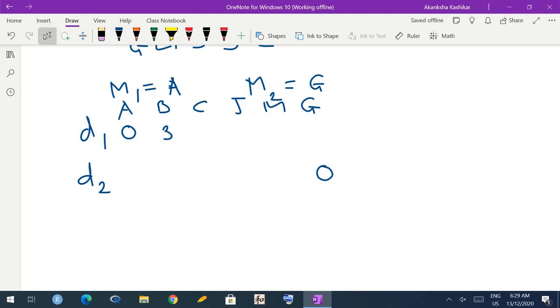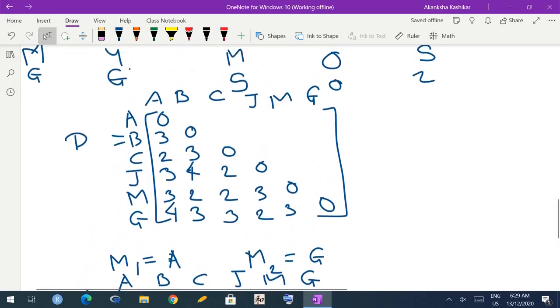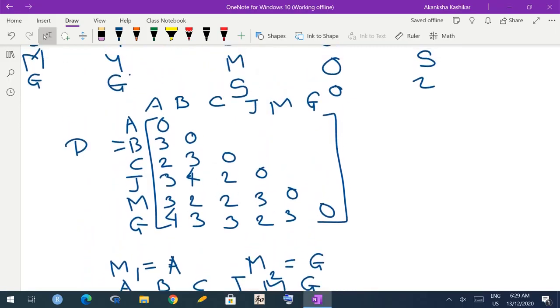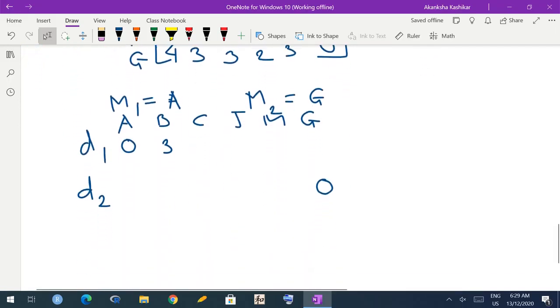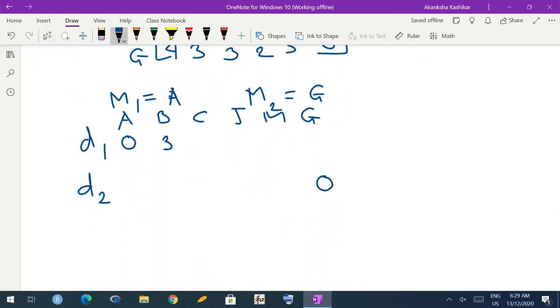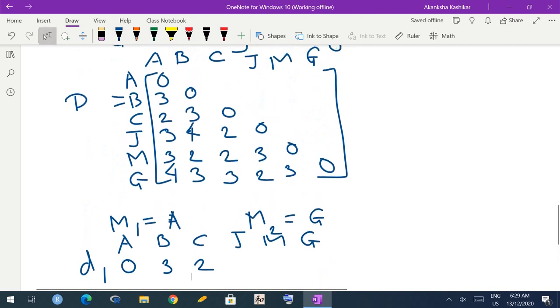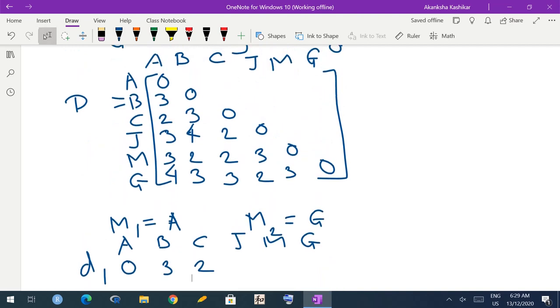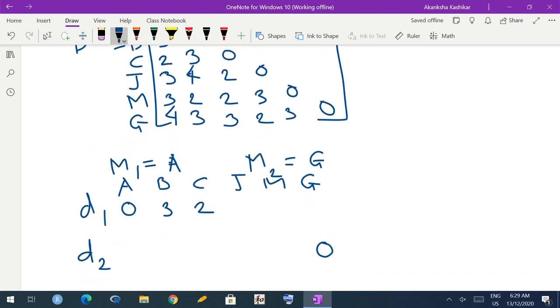Similarly, distance between chiku and apple is 2. Then distance between jackfruit and apple is 3, 3, 4. So these are the distances. We can just write. So 3, 3, 4. And distances from grape. So we have entire thing over here. We have just this row. So 4, 3, 3, 2, 3, 0.